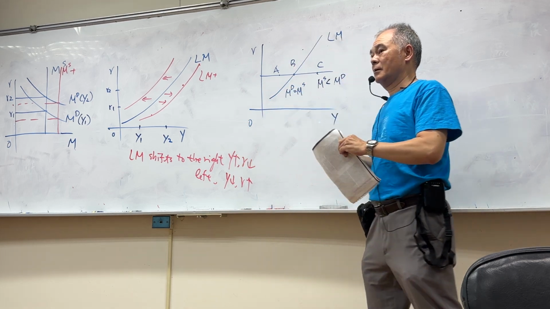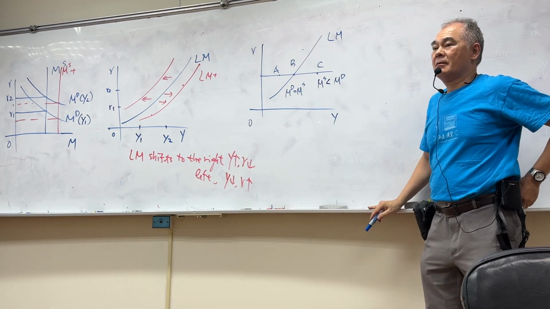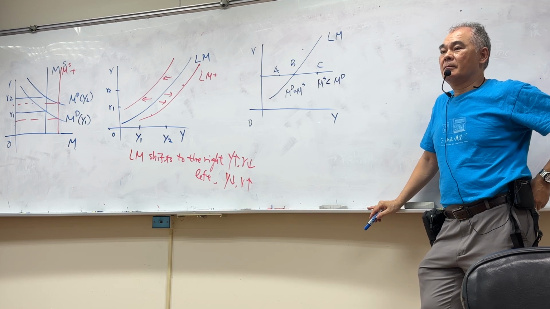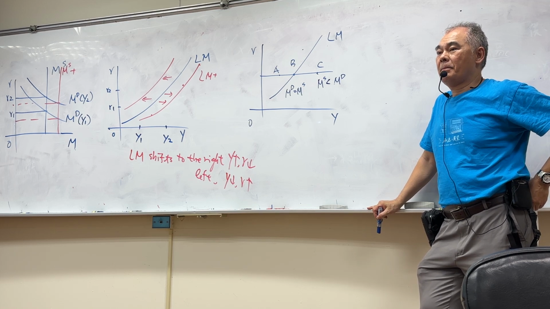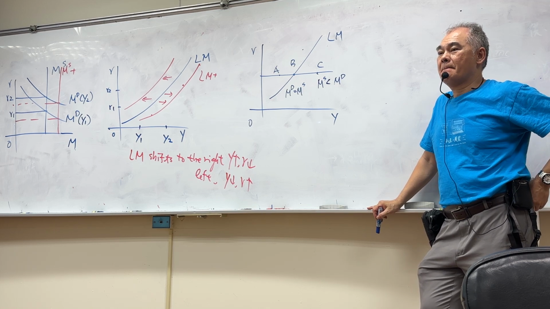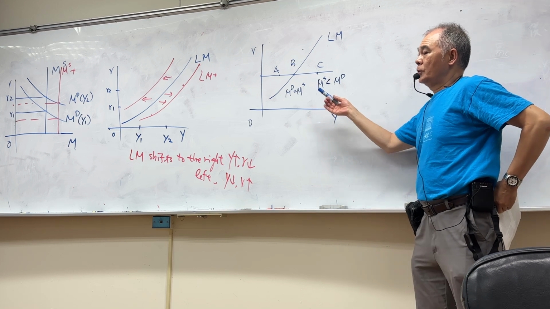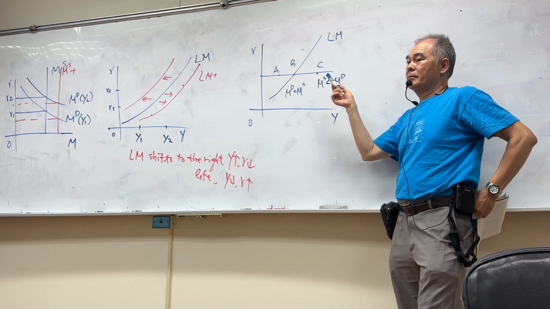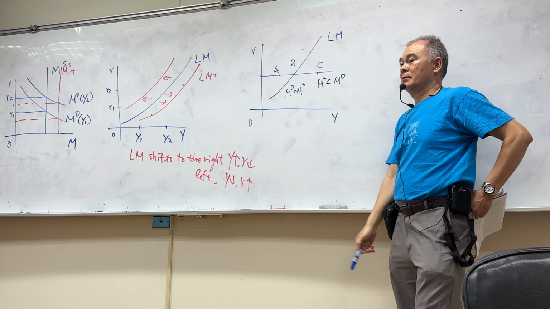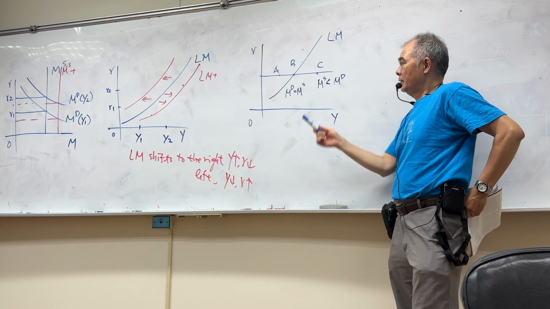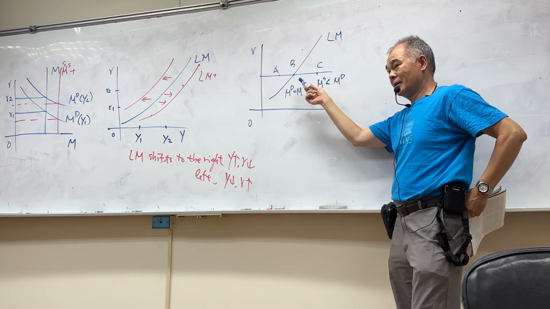Okay, why? Which one has higher income, B or C? B. Higher income.